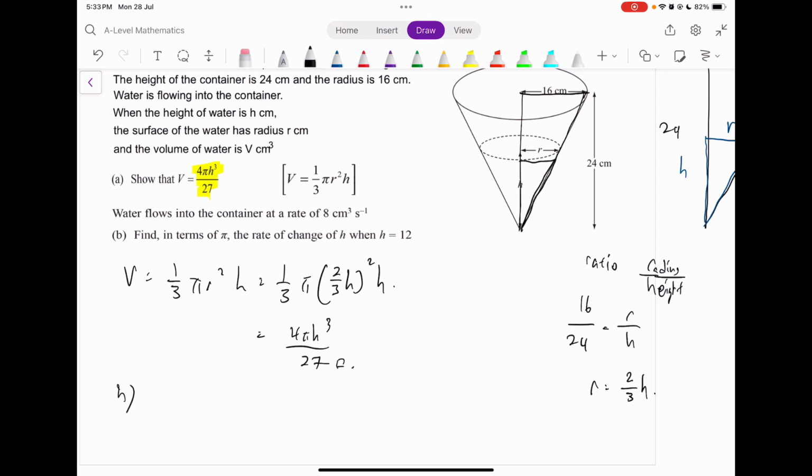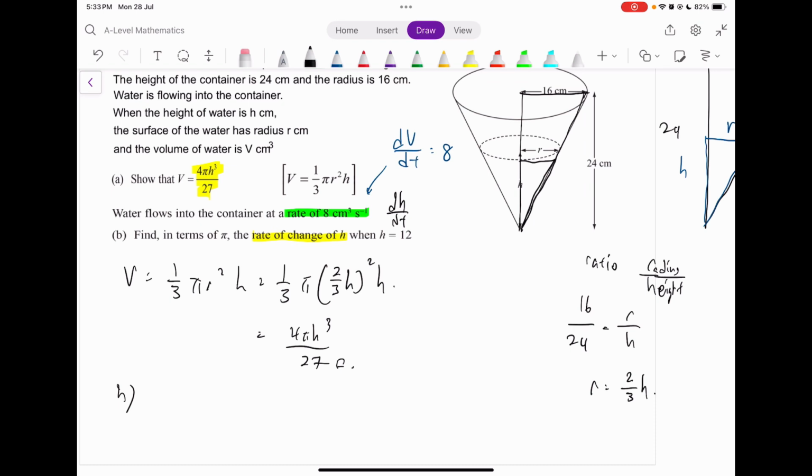Question B. Find in terms of pi the rate of change of H when H equals 12. So a rate of change of H, so you just answer dH over dt. What about this one? The rate of this one, according to the unit, 它是我们的 dV over dt, which is 8.